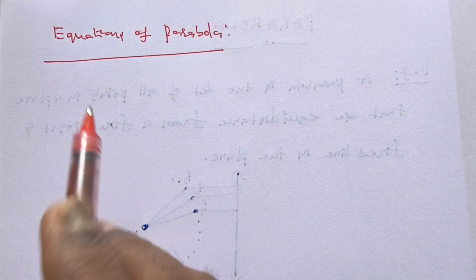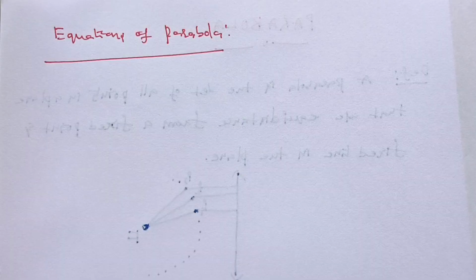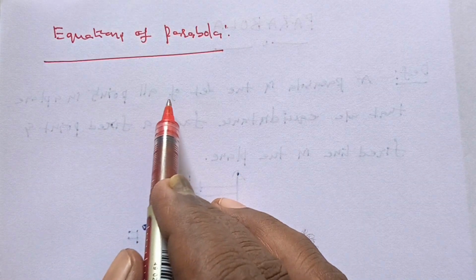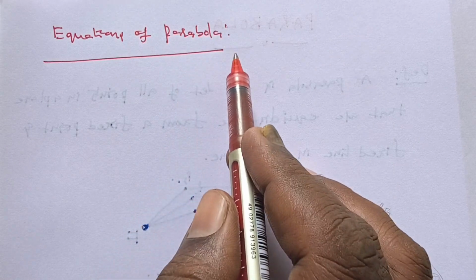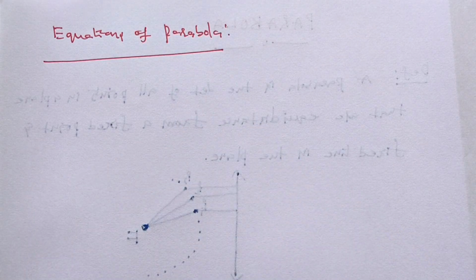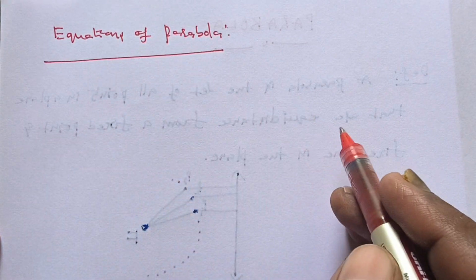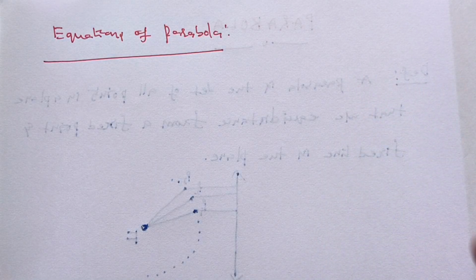Now we will learn how to form the equation of a parabola. The equation of a parabola is the simplest if the vertex is at the origin. To derive the equation of the parabola, let us draw a rough graph here.